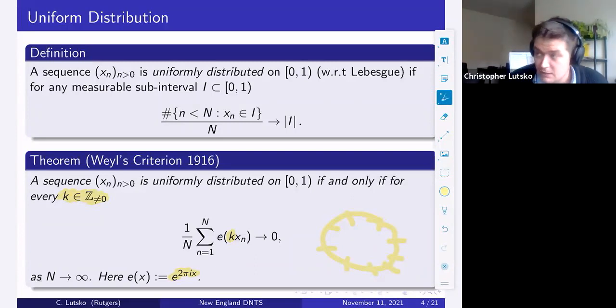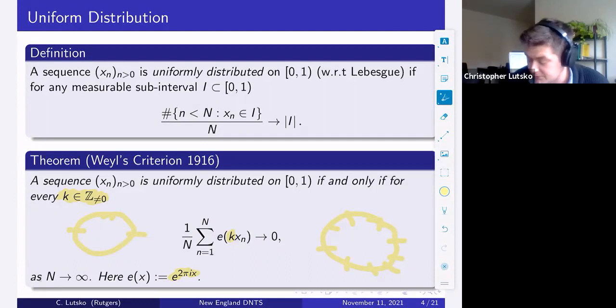So this is, again, very natural. You're embedding these points on the complex circle, and you don't want there to be any bias in any particular direction, so that this average should converge to 0. The reason for the k is just to get rid of any rationality conditions. For example, if my sequence was just 0, 1/2, 0, 1/2, then they would lie on opposite sides of the circle, and the average would of course converge to 0 as long as k is 1.